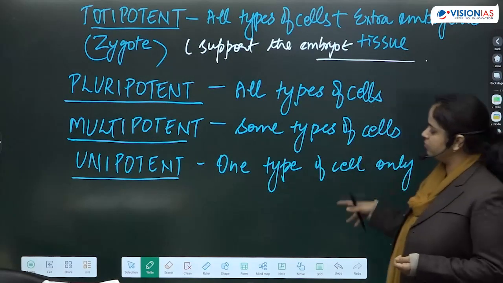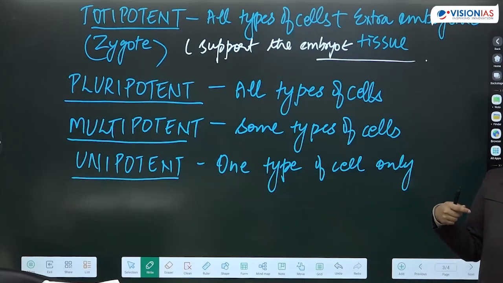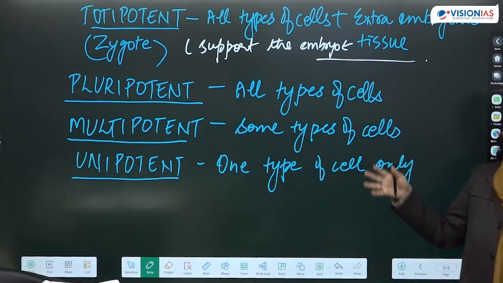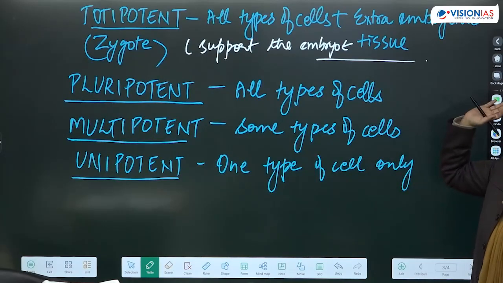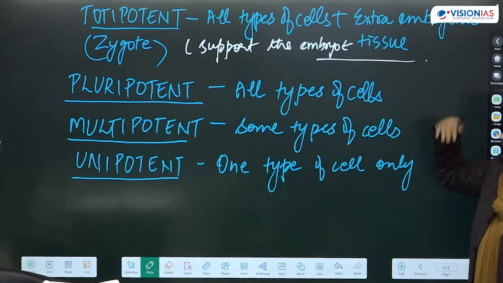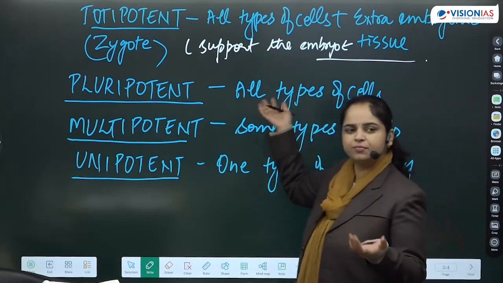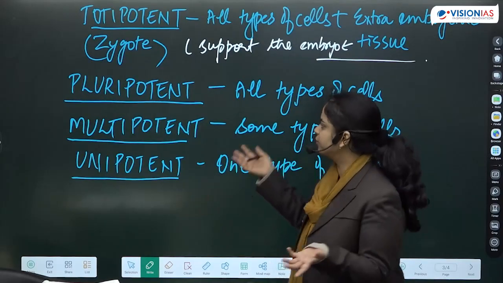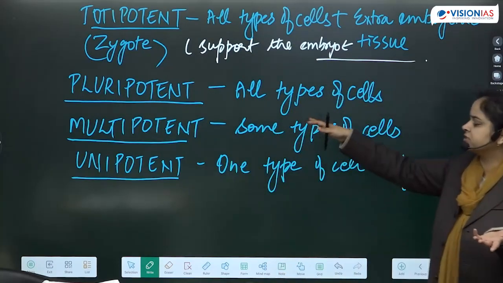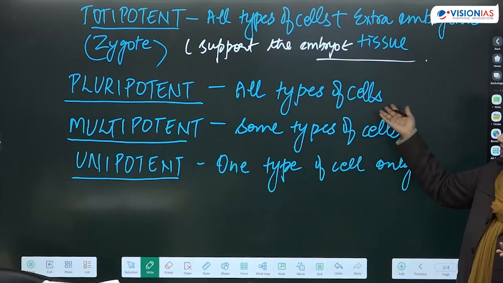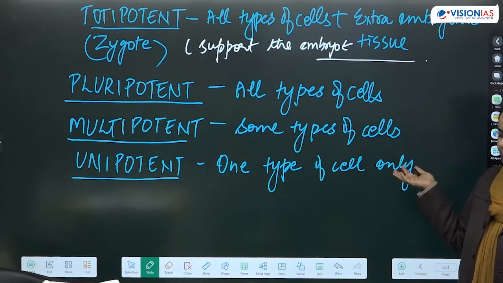Now this also you should be able to correlate a little better with the examples. जैसे zygote को हमने बोला totipotent, क्योंकि वो all types of cells बना रहे हैं, embryonic tissue भी बना रहा है. Then you have pluripotent cells, embryo के cells pluripotent होते हैं at all their stages, and the induced pluripotent cells also have the same property, they can change to all types of cells.